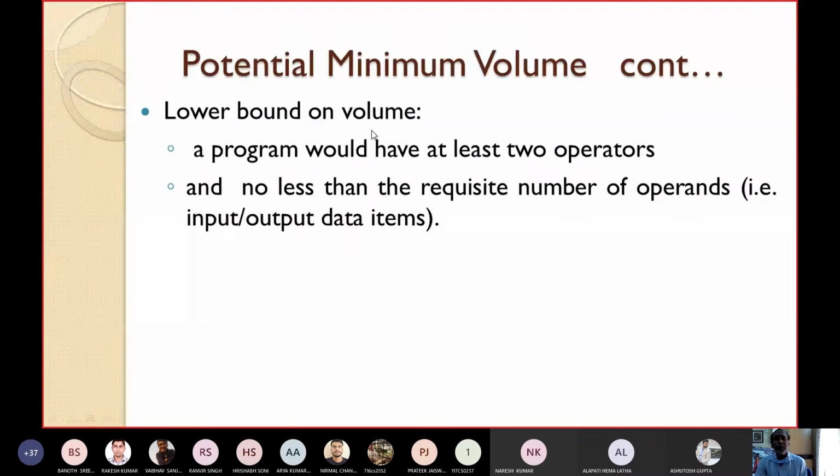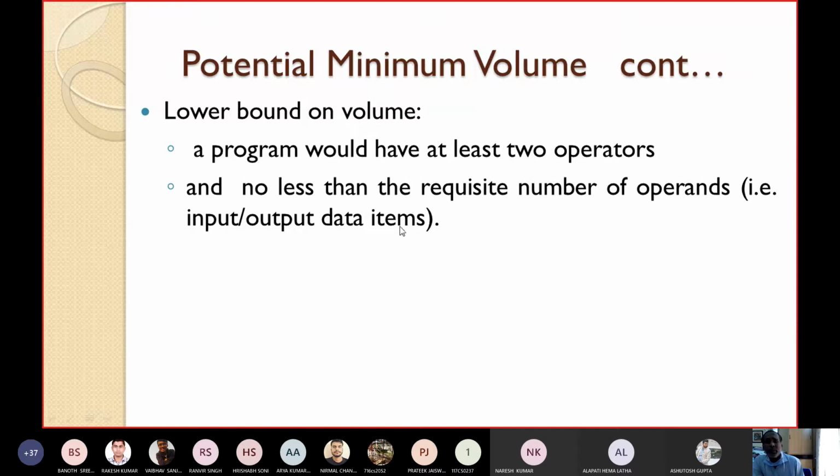The lower bound on volume. What do you mean by lower bound on volume? It means a program would have at least 2 operators and no less than the requisite number of operands, the minimum number of operands required. These operands are the input output items.